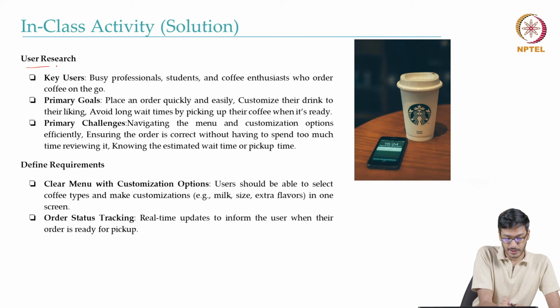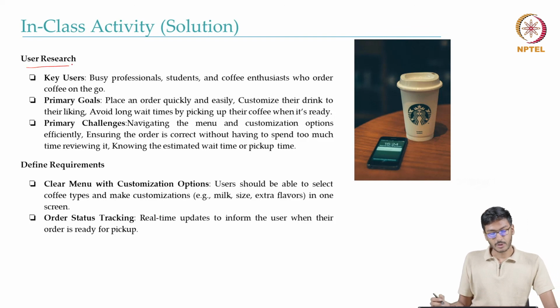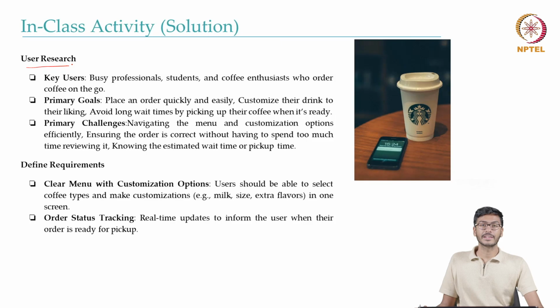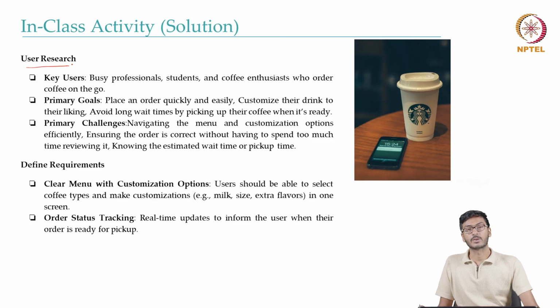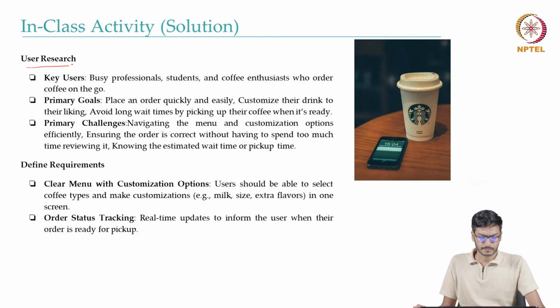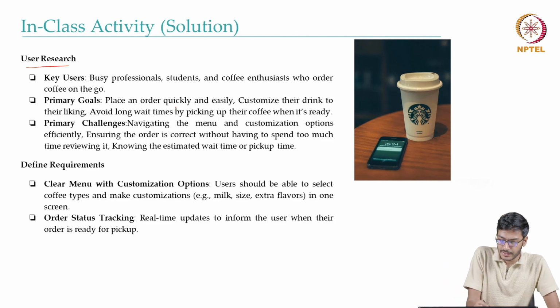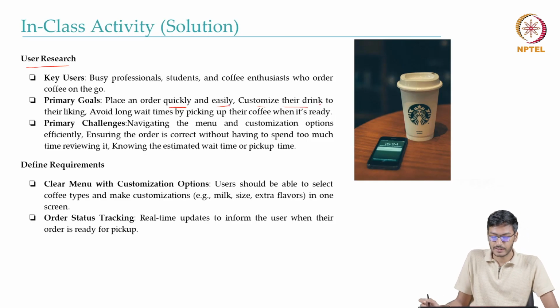The first is user research. User research includes who are the key users, what are their primary goals, and what are their primary challenges. The users can be busy professionals or students, or just coffee enthusiasts who order coffee on the go. Their goals may be to place an order quickly and easily, customize their drinks, and reduce wait times.